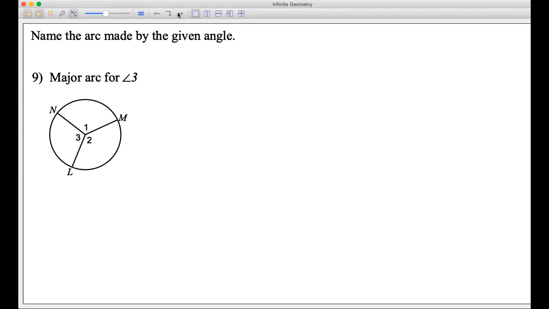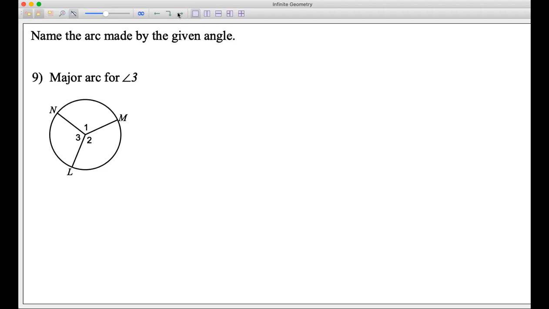It's NML. So 3 is a central angle to arc NL. But what's left if we don't include 3 would be the other arc, and that is a major arc, which is NML. There's 2 possible answers here, LMN or NML, either one. Okay. Do you see that?